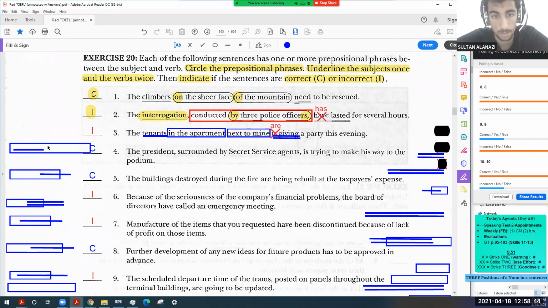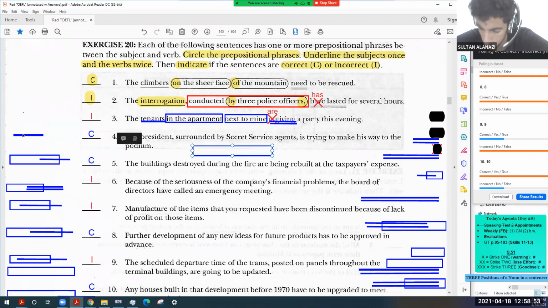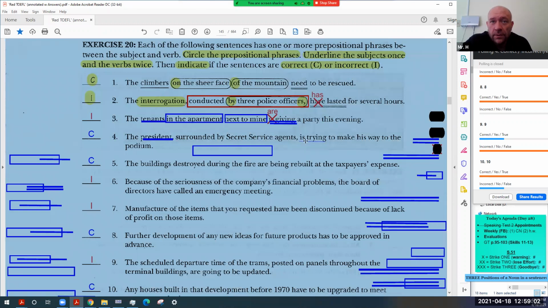Number 4, it's correct. The president is a subject. Is trying is a verb. We don't have a phrasal verb here, but we have the connection. You said where's the verb? Is trying.